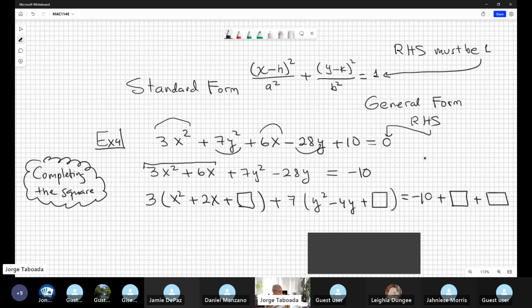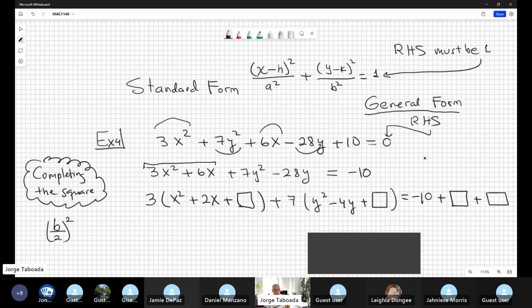The thing I try to do is conversion from general, which is given, to standard. Okay, nice. As you understand this organization, let's now find the first magic number. Remember the formula, b divided by 2 squared.